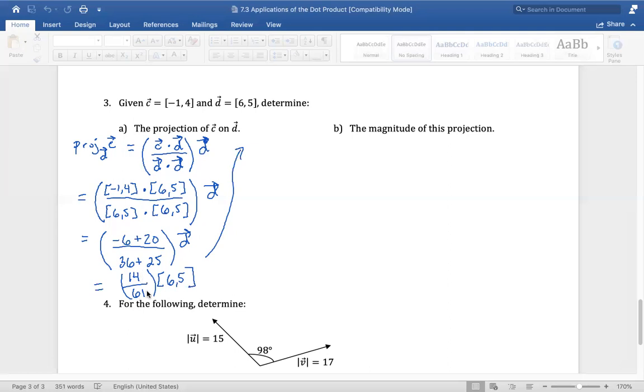Just take this singular value of 14 over 61 and multiply it in with my horizontal component and my vertical component. So 14 times 6 is, and we're going to end up with a vector. So 14 times 6 is 84 over 61. And then 14 times 5 is 70 over 61.